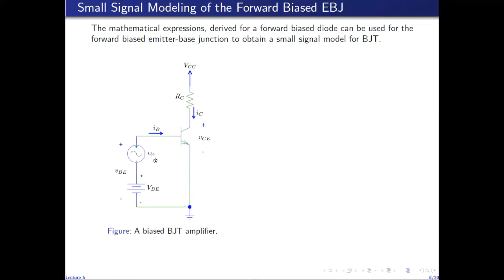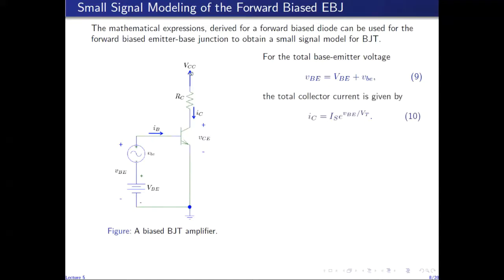This is the analog of small vd, the small AC source, and then this VBE ensures that the transistor is in active mode. So this VBE biases the transistor in the forward active mode. The overall voltage at the base with respect to the emitter is given by the sum of these two voltages. This is the DC biasing voltage, and this is the small AC signal, assumed to be sinusoidal.